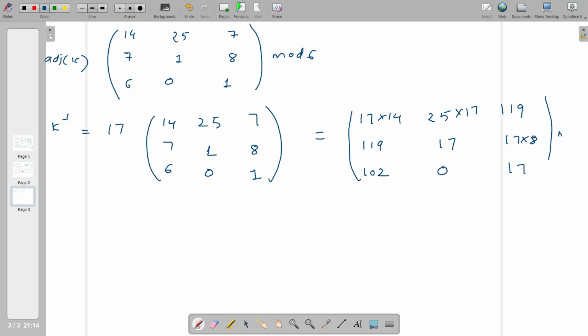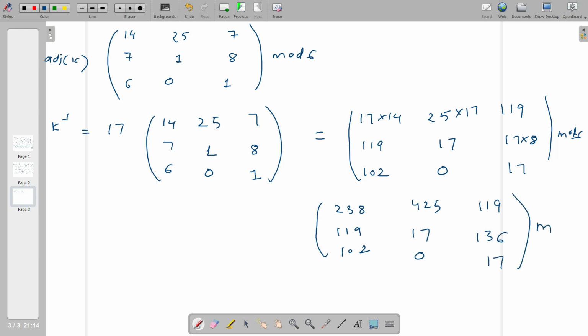All this is mod 26. So 17 into 14 is 238, then 119, then 102, 25 into 17 is 425, then 17, then 0, then 119, then 17 into 8 comes out to be 136, then 17, and it is a mod 26 operation.